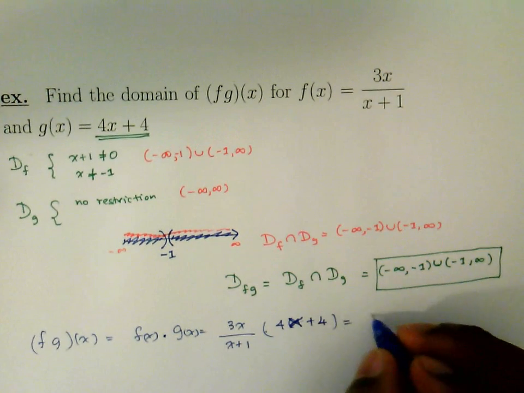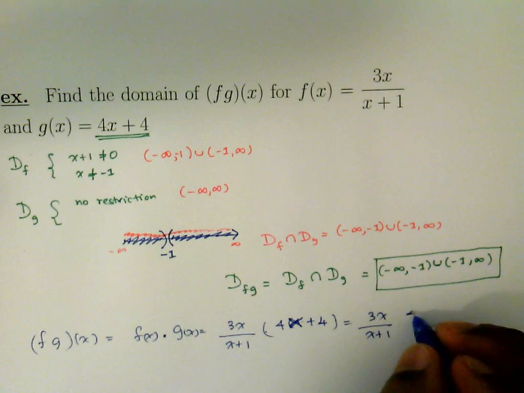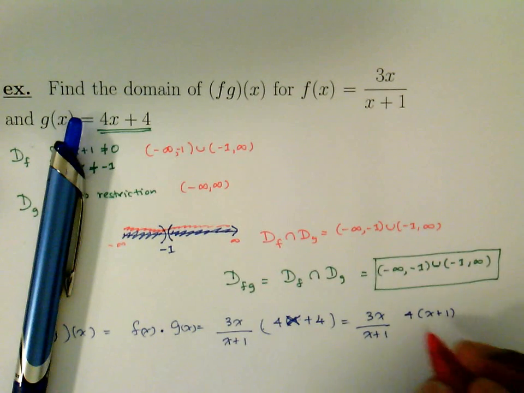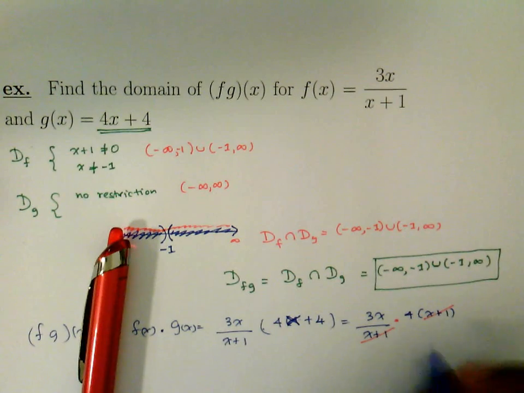You can take out 4, so 4 times x plus 1. And this is a product, so these two cancel off, and 3x times 4 is 12x.